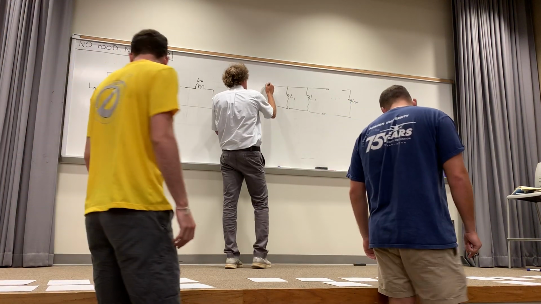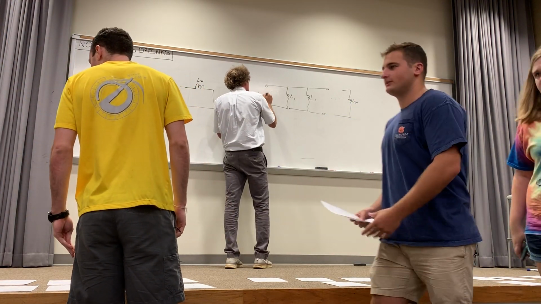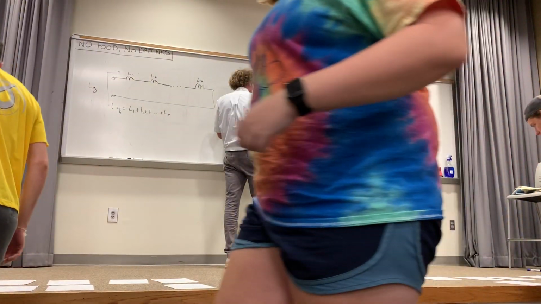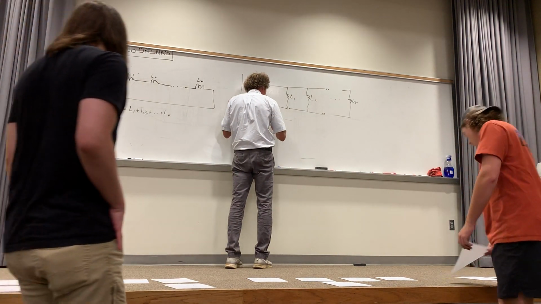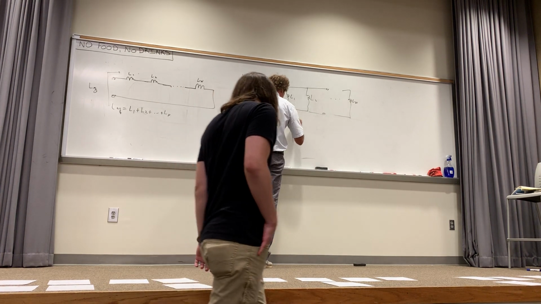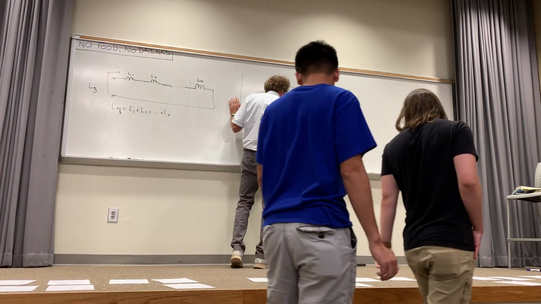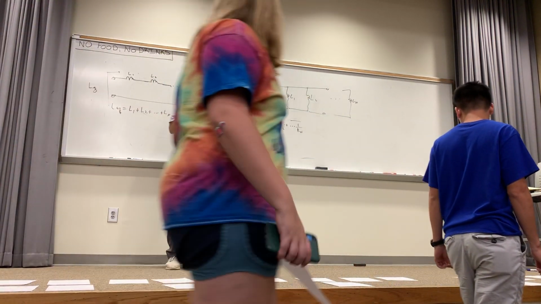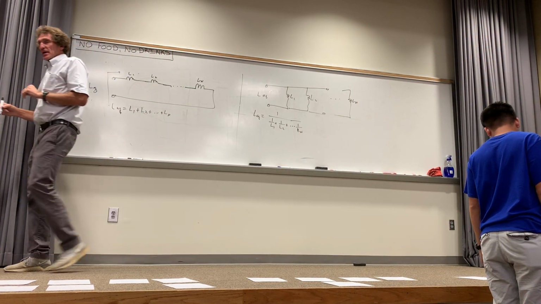The equivalent inductance will be equal to 1 over L1 plus 1 over L2 plus dot, dot, dot, 1 over Ln, all inverted. Do you follow me? I'll do an example.